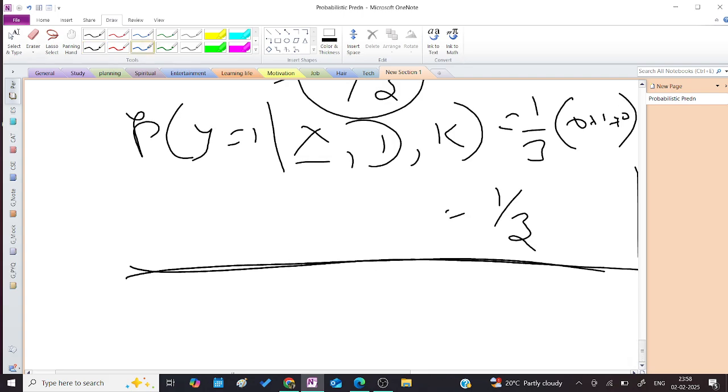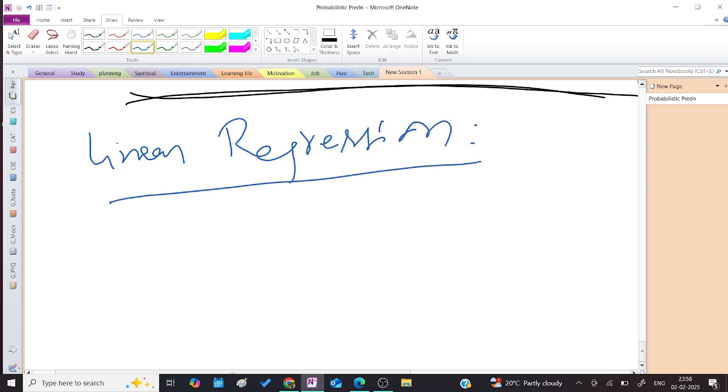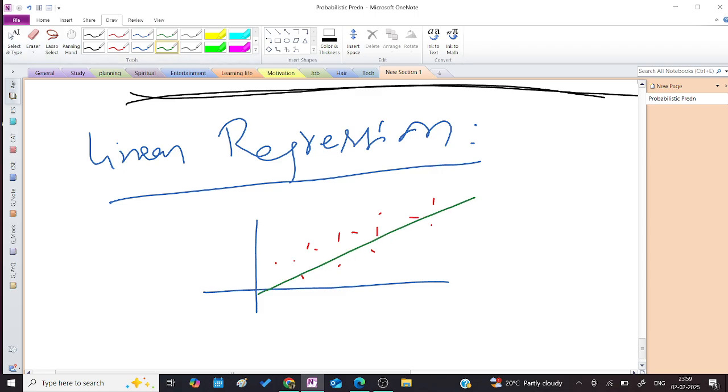So let's move to the next topic, linear regression. Okay. So what happens in linear regression is that there are some points, right? And we are trying to fit these points using some curve. Okay.